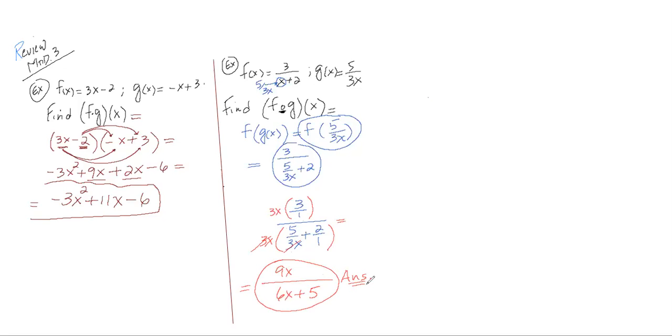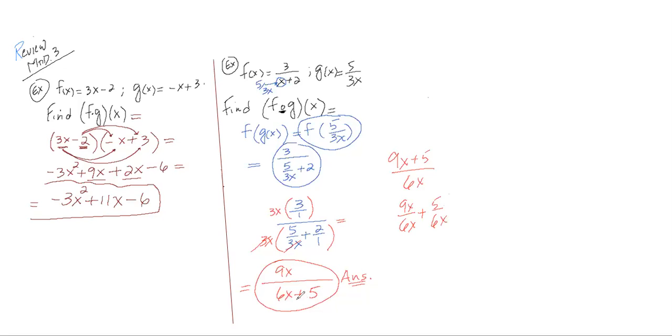Aren't you able to separate the 6x and the 5 in two separate fractions and then simplify it from there? No, you can't. The only way you could simplify is if you have one term in the denominator. Then you can do this as 9x over 6x plus 5 over 6x. You can't split that into two if you have two terms in the denominator.